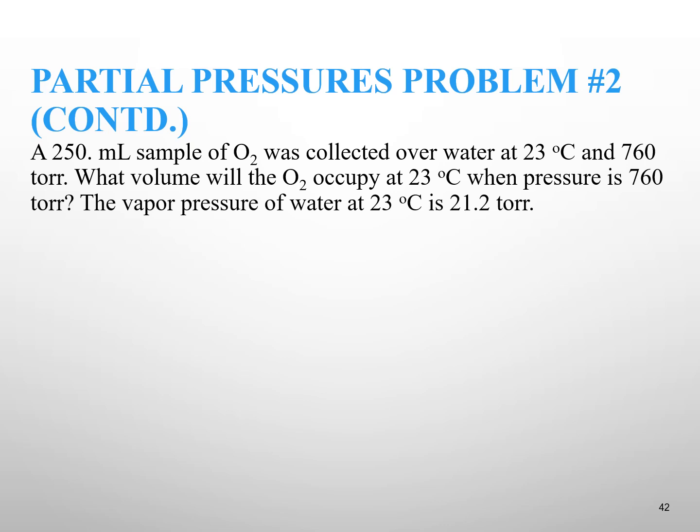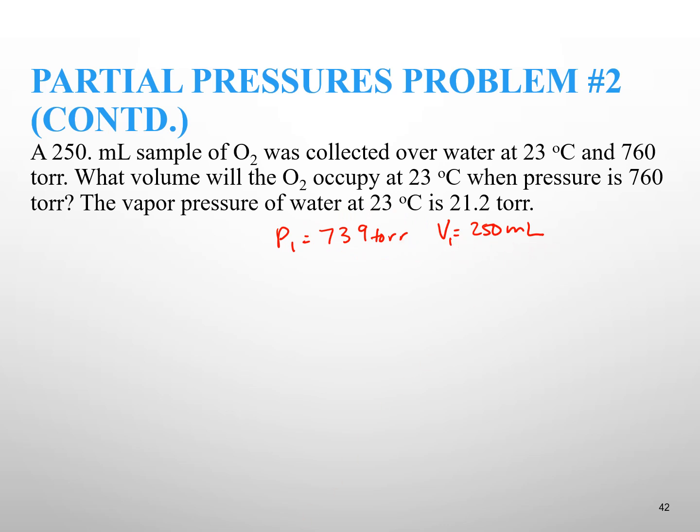That means the pressure was 739 torr for the volume of 250 mL. We'll call that P1 and V1. That's the pressure that we calculated for oxygen, because we had to take 760 minus the water vapor pressure. So that's 739, for the volume of oxygen gas at 250.